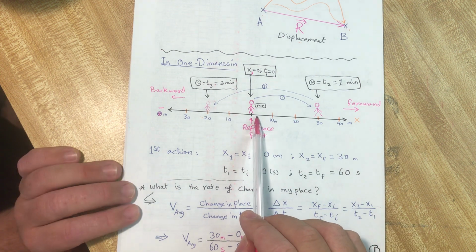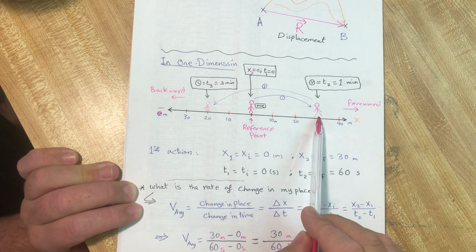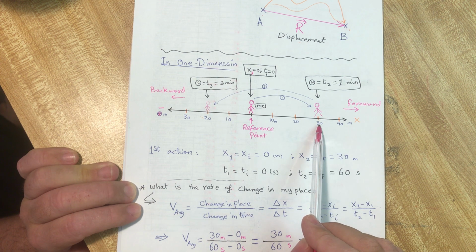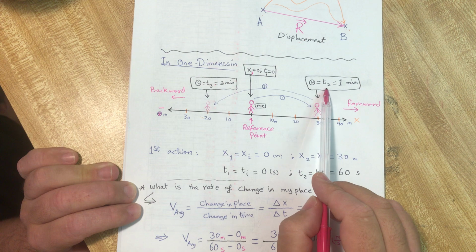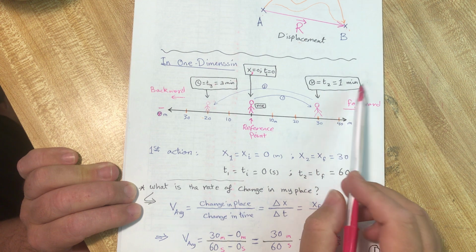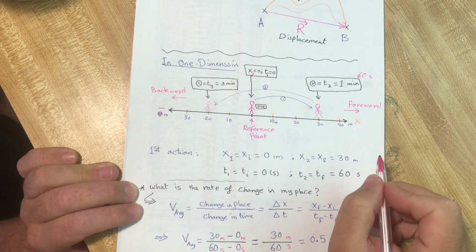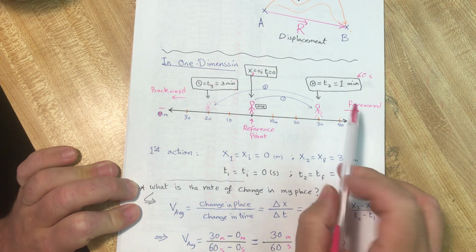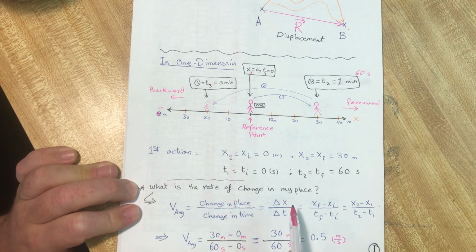In the first action, I move forward from 0 to 30 meters. When I measure my position, it is 30 meters. When I look at my watch, the time is 1 minute. 1 minute means 60 seconds. We can convert it easily. So the time t at the second point is 1 minute or 60 seconds.